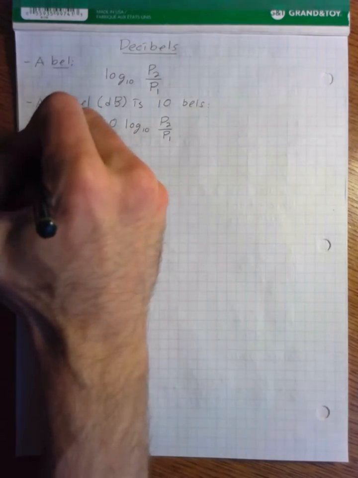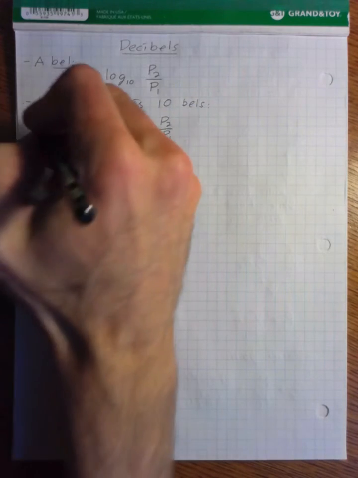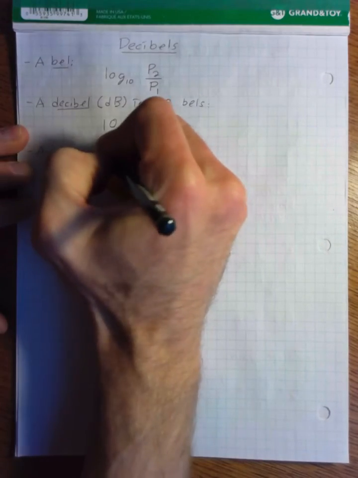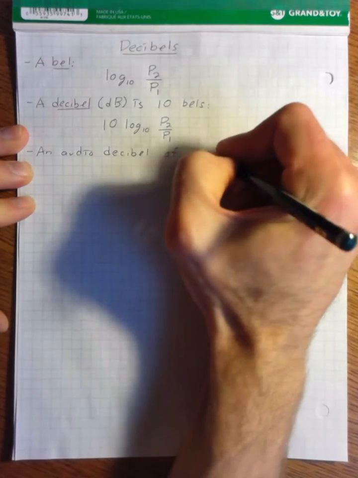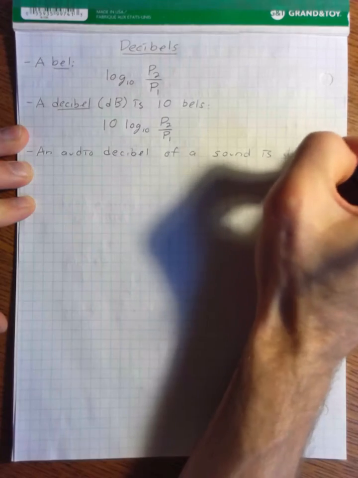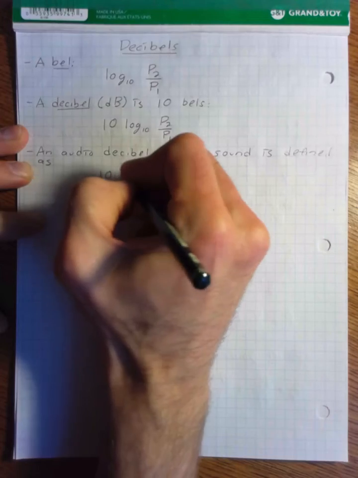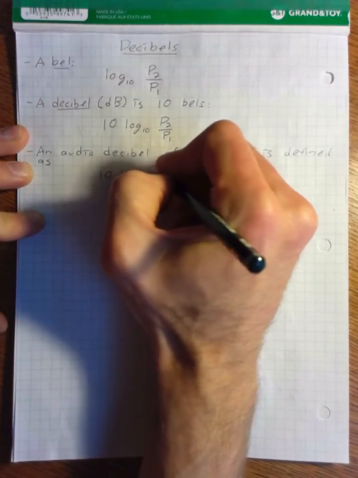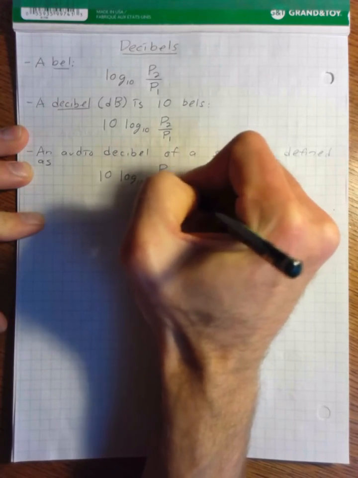An audio decibel is a measure of air pressures. So it's 10 times the base 10 log of P divided by 20 micropascals.